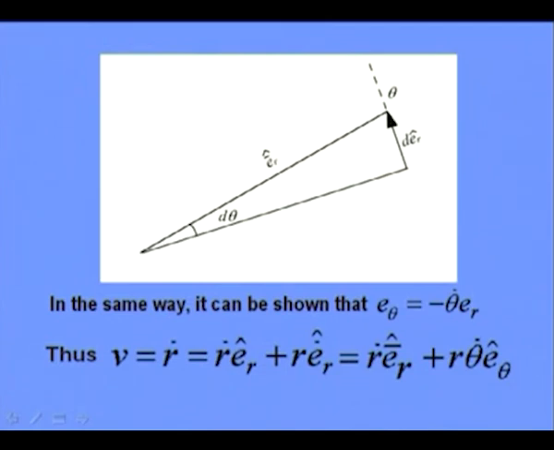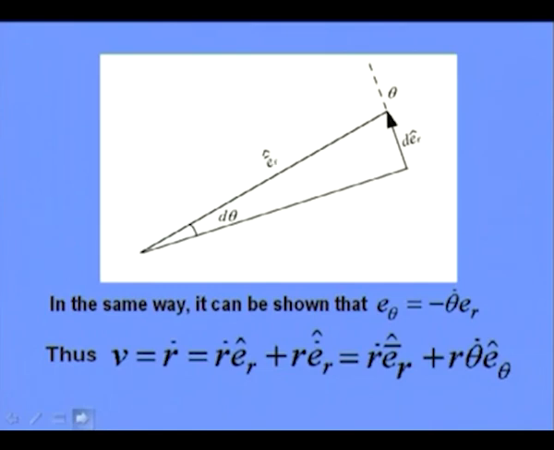Here theta dot can be written as omega. Thus the velocity of the particle in polar coordinates is written as r dot er plus r e dot r, which is r dot er plus r theta dot e theta.